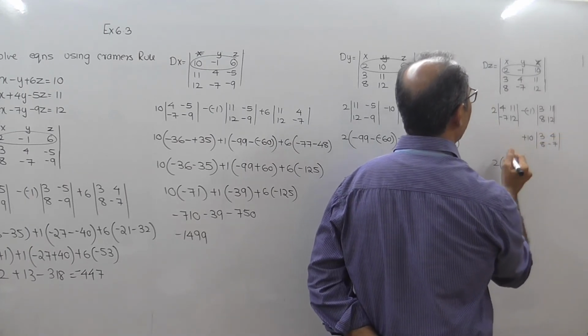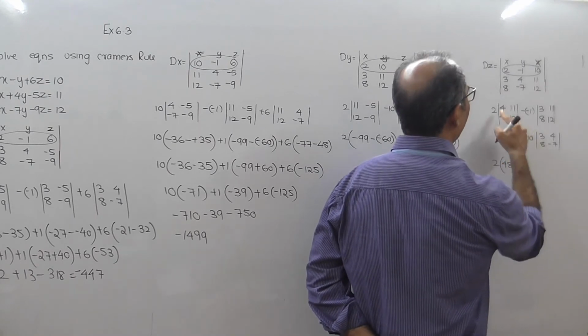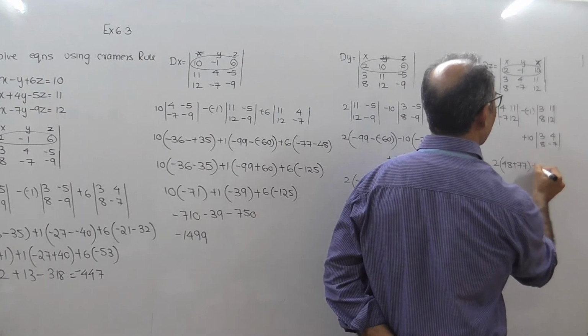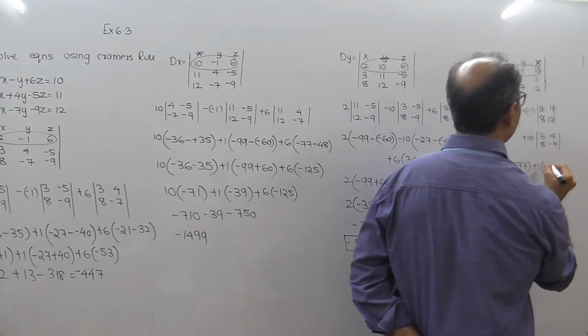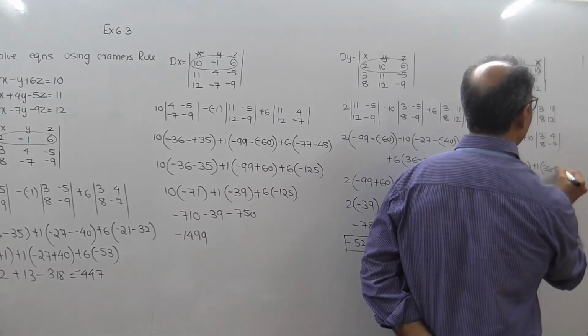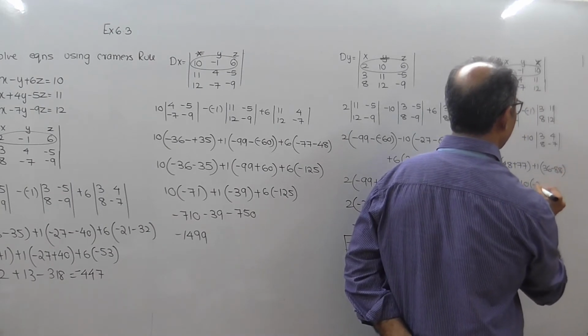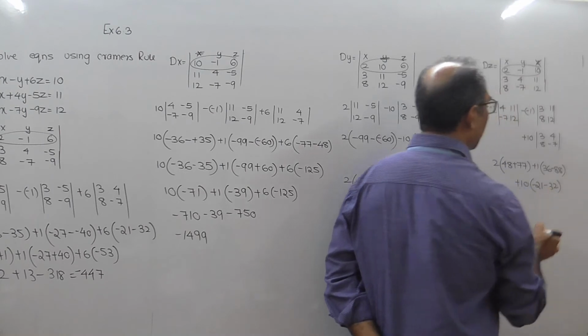This is 2, I think this is 48 plus 77 plus 1, I think this is 36 minus 88 plus 10, I think this is minus 21 minus 30.